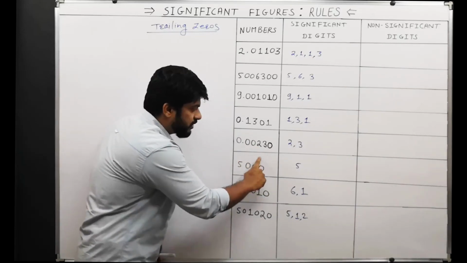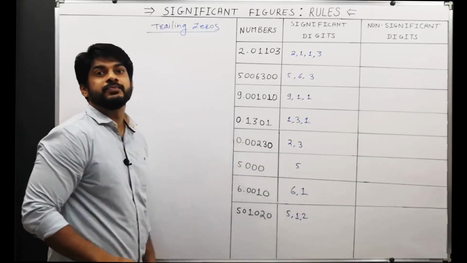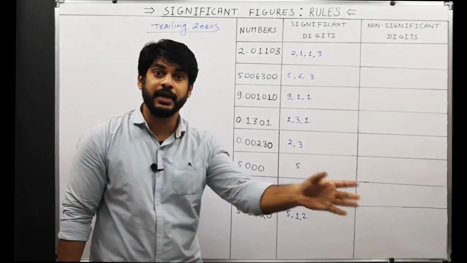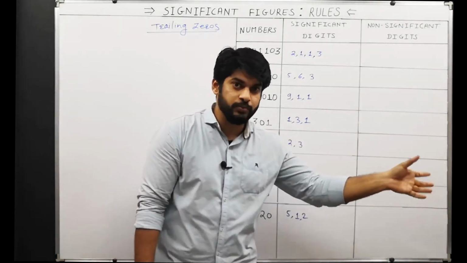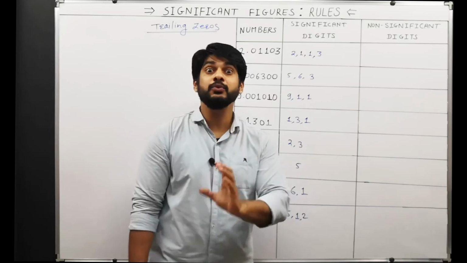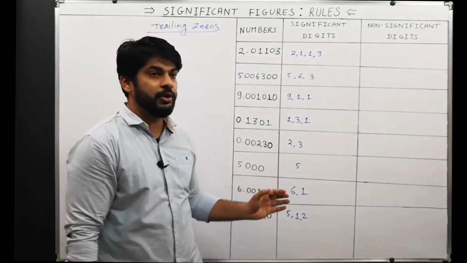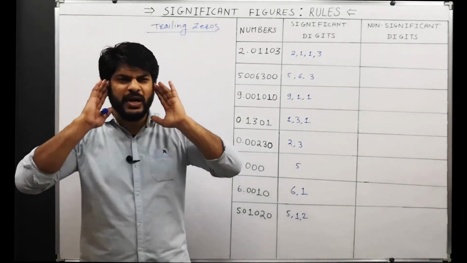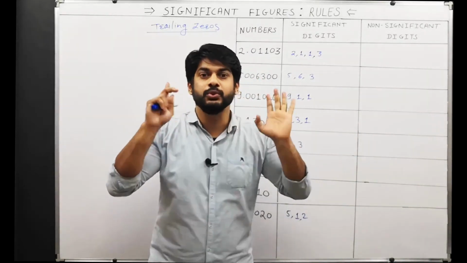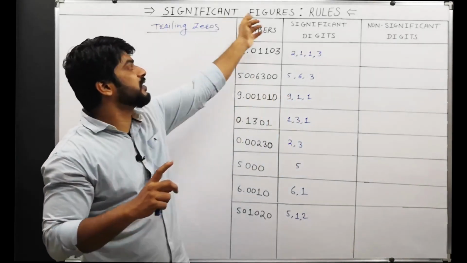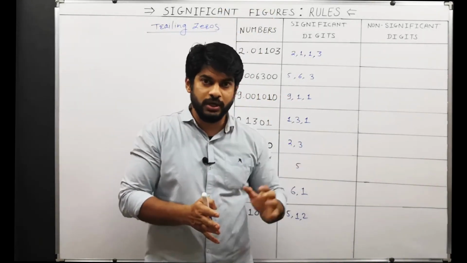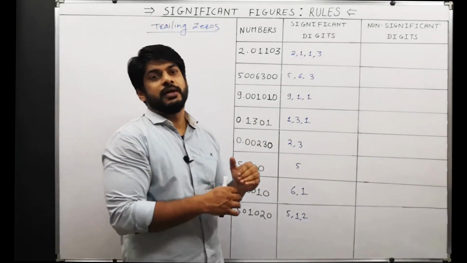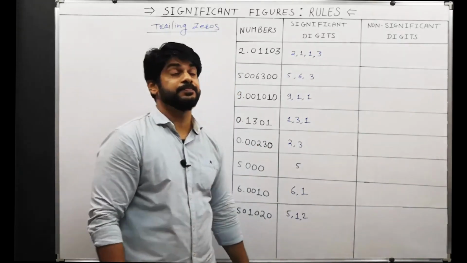You can see this one is the first non-zero digit. So there are quite a few ways in which the zeros may appear, and we have to have some rule for each one of them. Now let's see the rules regarding zeros. Whether these zeros are significant or not depends on their position and how exactly they exist.